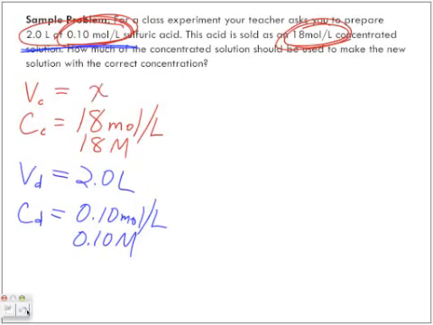That's our X. We can do it in a couple of ways. We can use the old equation and manipulate it, or we can just use the equation I showed at the beginning of the lesson, where the volume times the concentration of our stock solution is equal to the volume and concentration of our diluted solution.